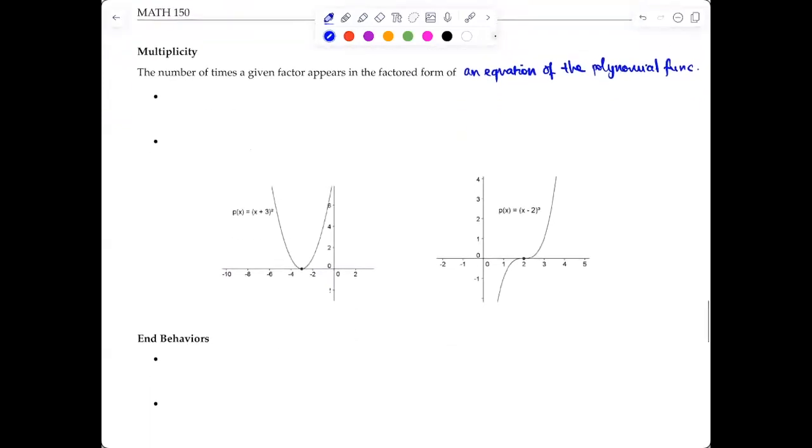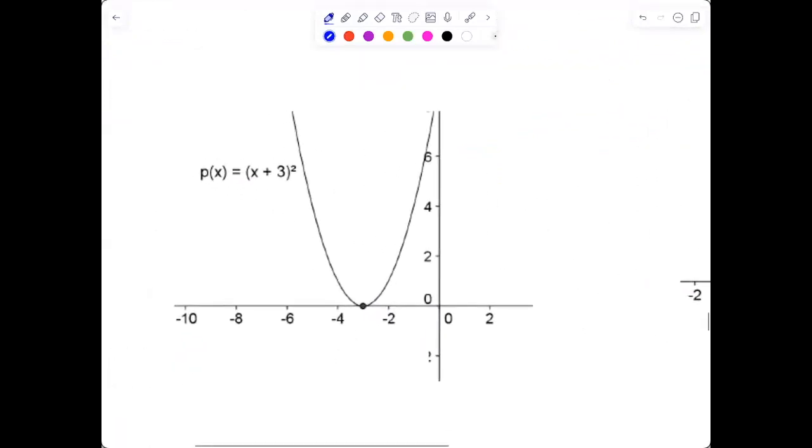So here, this is the parabola. This is the polynomial function of degree 2. You with me on that? And there's only one solution because the graph touches the x-axis. It's only one point. This is the solution. This is the x-intercept. Okay. Even multiplicity. So (x+3) squared. So the square indicates even multiplicity.